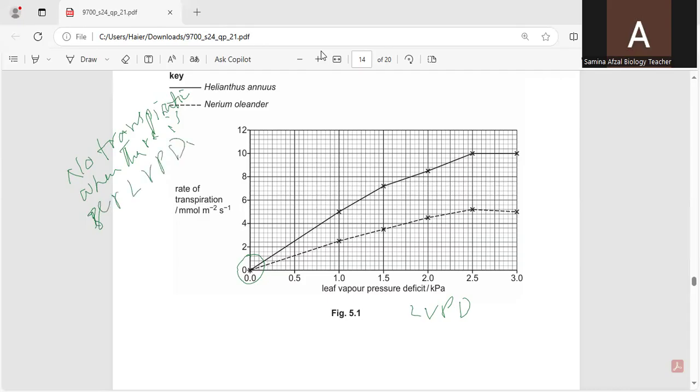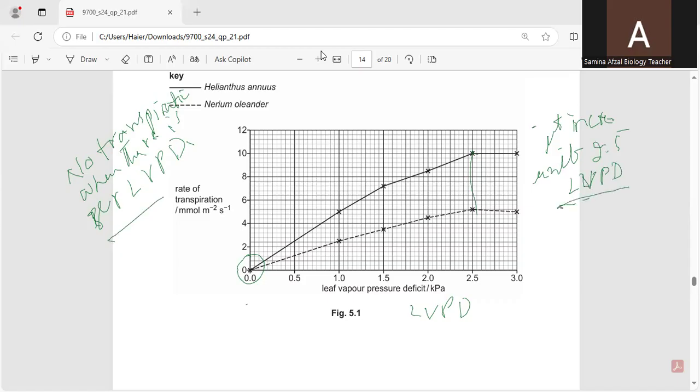And second, you can say transpiration rate is increasing in both of these curves until 2.5 LVPD.